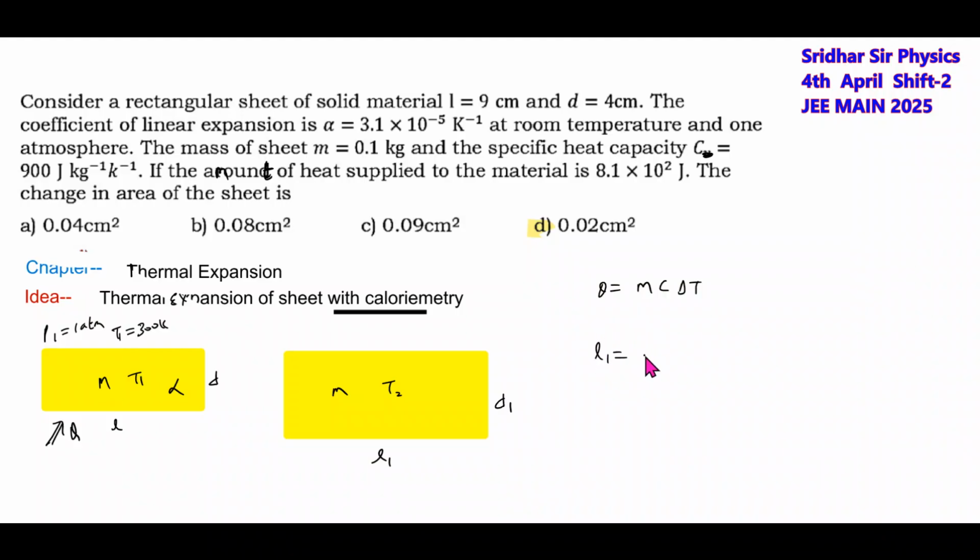So L1 is equal to L into 1 plus alpha delta T. D1 equal to D into 1 plus alpha delta T. So we'll get the final area. The initial area is L into D. The final area is L1 into D1.